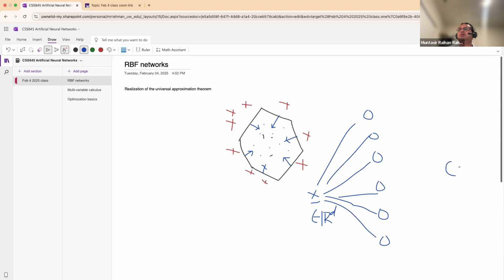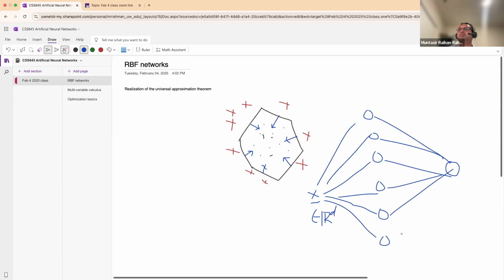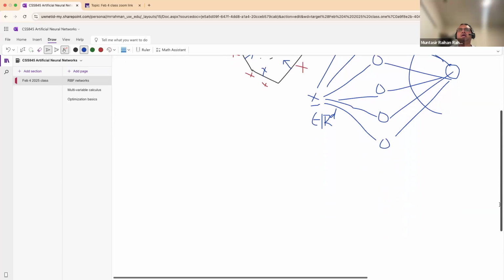And then you have another neuron, which is basically an AND of all these. This is meant to be the AND, and we know how to implement an AND with perceptrons.